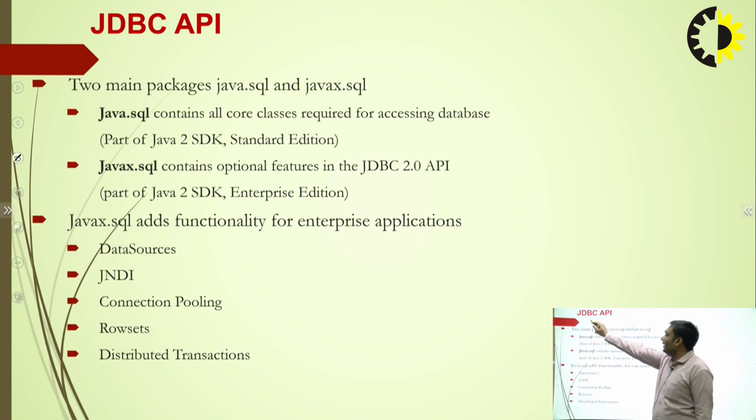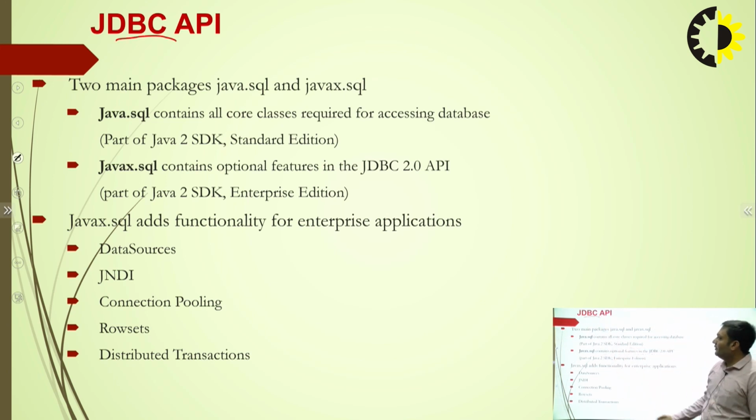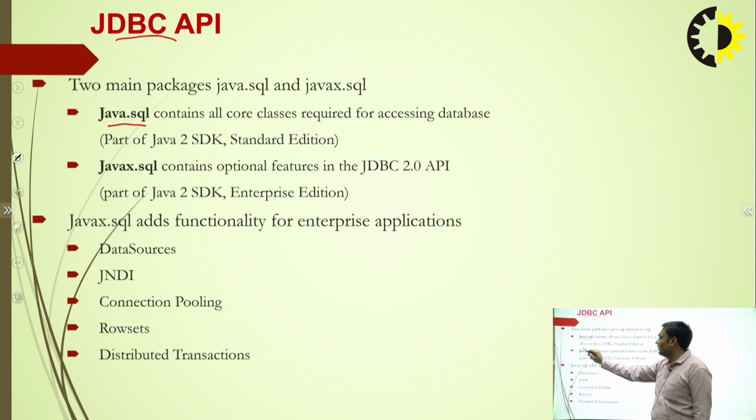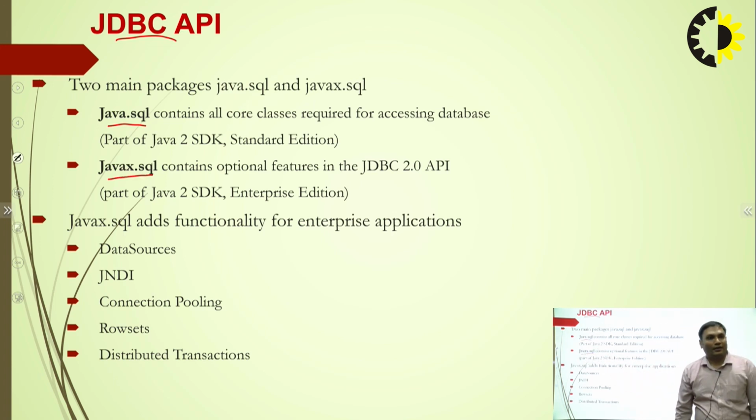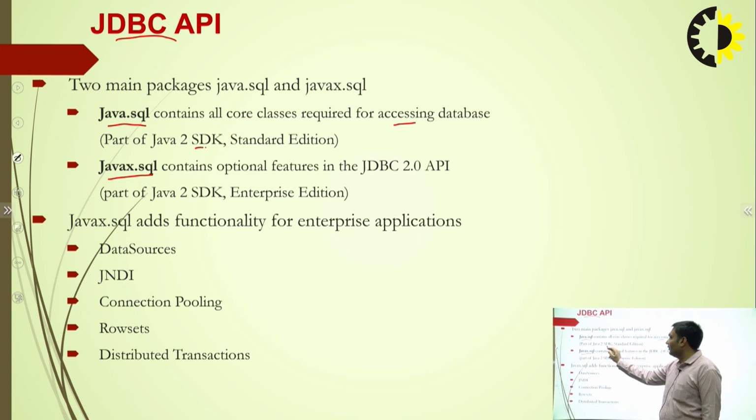Now, the JDBC API, Java Database Connectivity API, comes with two packages, the java.sql package and the javax.sql package. The java.sql package contains all the core classes and methods that are required to access the database, and it is a part of the Java 2 Standard Development Kit, Standard Edition.